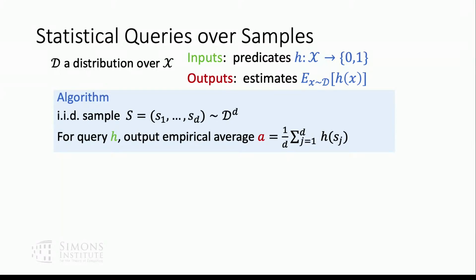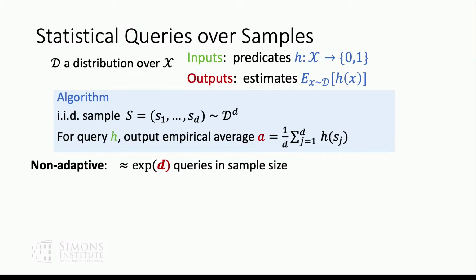We have some distribution over some space, and then we take a sample, and the inputs are just like predicates, and the outputs that we want are estimates of the expectation of the predicate. And what we do usually in this setting is just look at the empirical average, the average of the predicate over our sample, and usually in the non-adaptive setting, it generalizes very well.